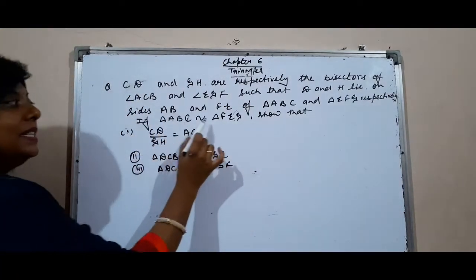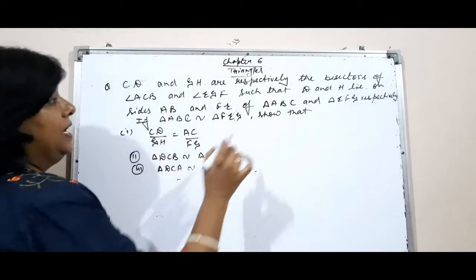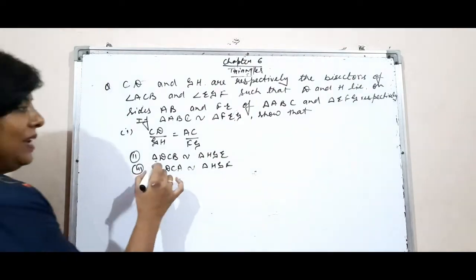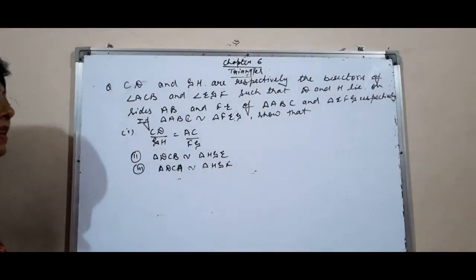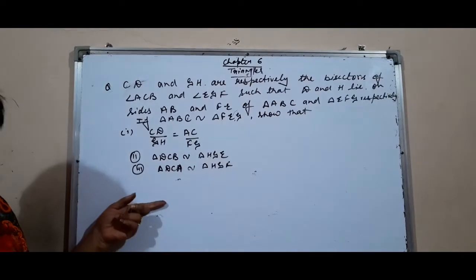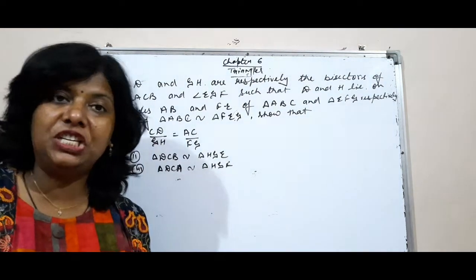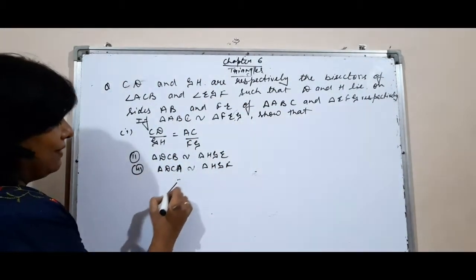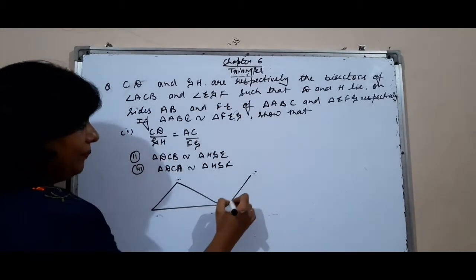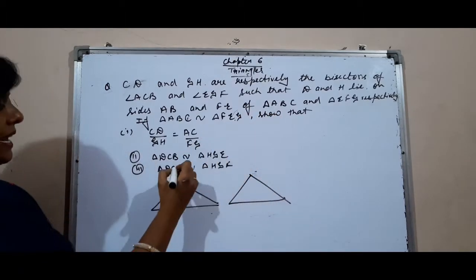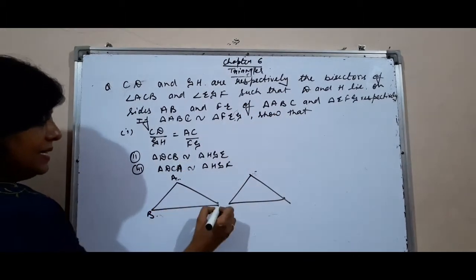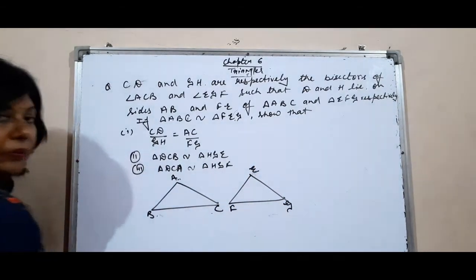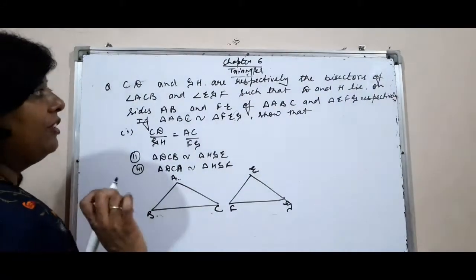If triangle ABC is similar to triangle FEG, show that CD upon GH equals to AC upon FG, and triangle DCB is similar to triangle HGE and triangle DCA is similar to triangle HGF. So first of all, we have to draw its figure. In this, we are having two triangles ABC and triangle EFG. A, B, C. In the same order, we have to take E, F, G.